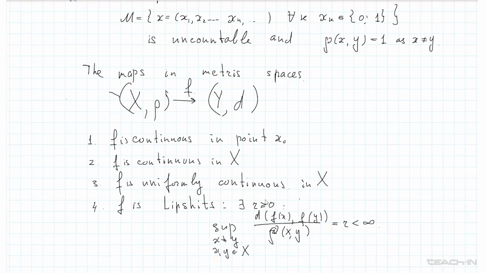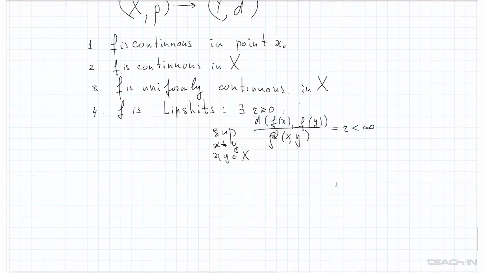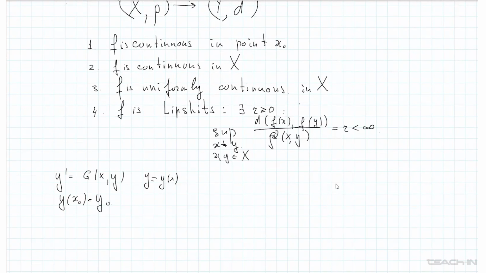For the Cauchy problem, we have a function g of x, the independent variable, and function y, with a starting value. Then we need the function g to be Lipschitz in the variable y. Then you can prove the theorem of existence and uniqueness of the solution.